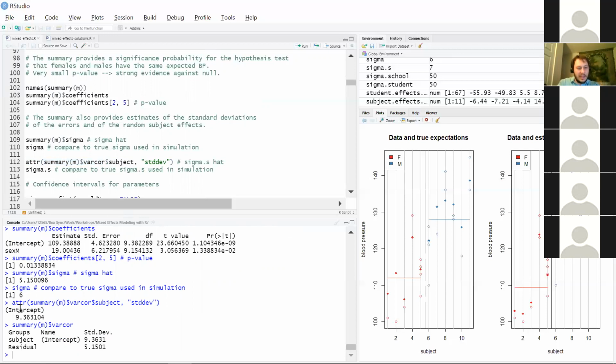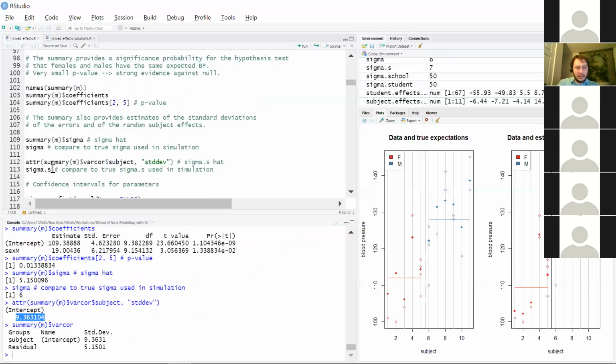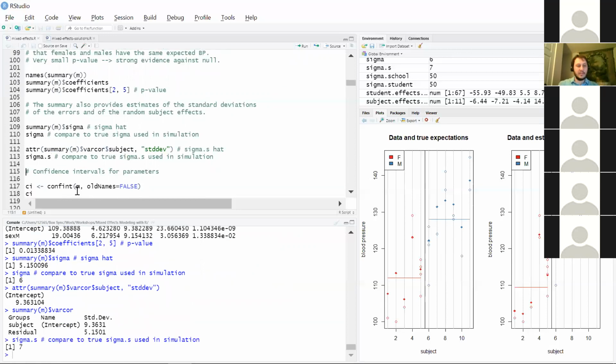All right, so anyway, that was the estimated group standard deviation, 9.4. I should say the subject's expected values as deviations from their group's overall expectation, the standard deviation we actually used was 7 rather than 9.36. So again, it's pretty decent. I mean, think about how little data we have.